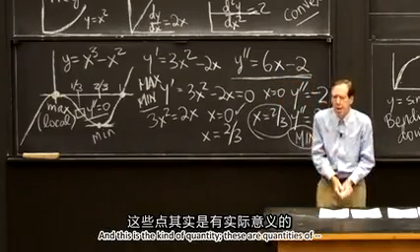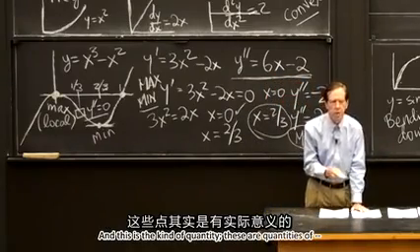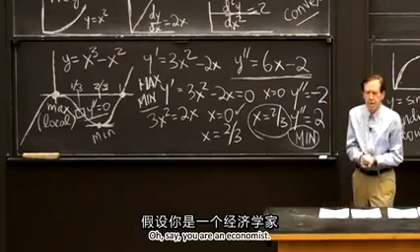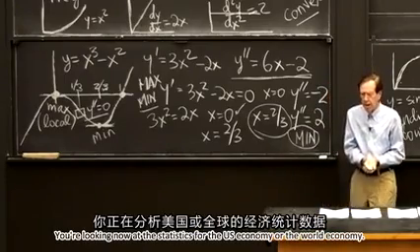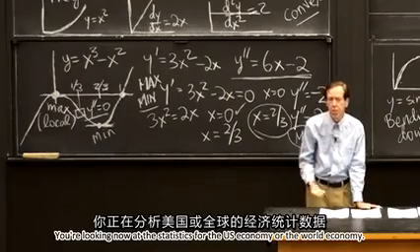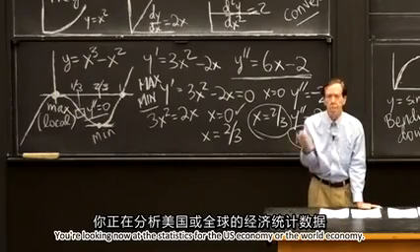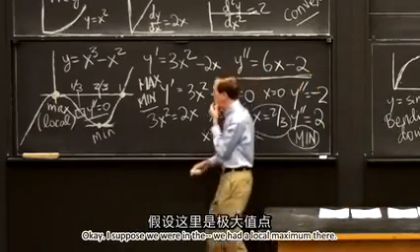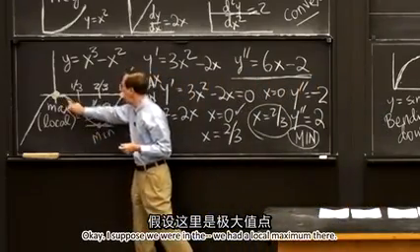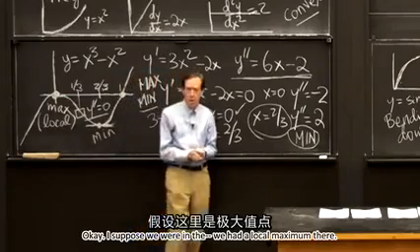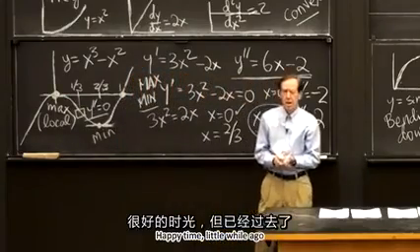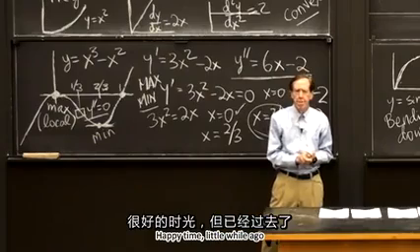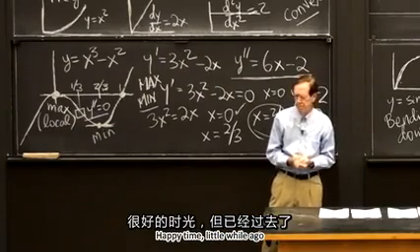And these are the quantities of, say you're an economist. You're looking now at the statistics for the U.S. economy or the world economy. Okay, I suppose we had a local maximum there, happy time, a little while ago.